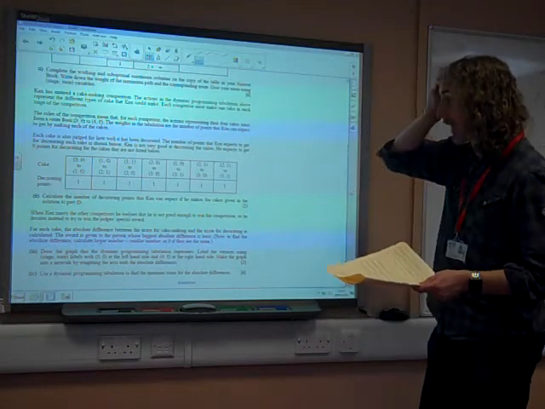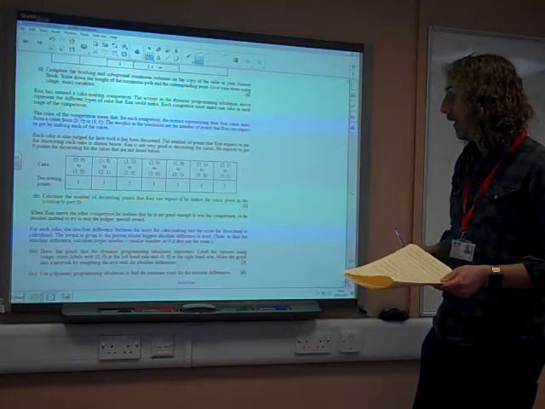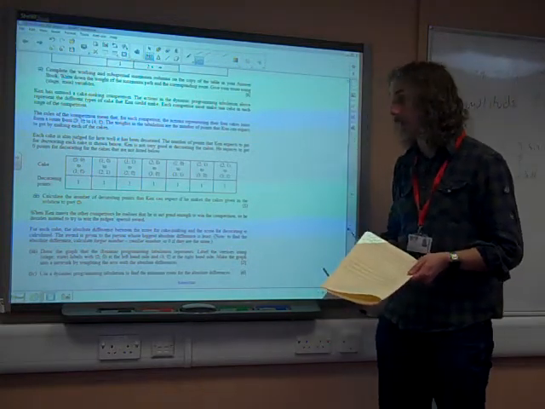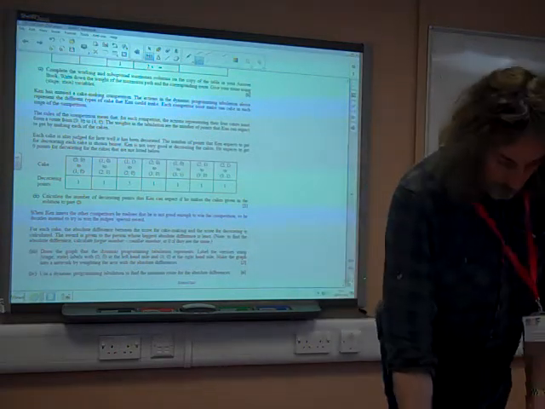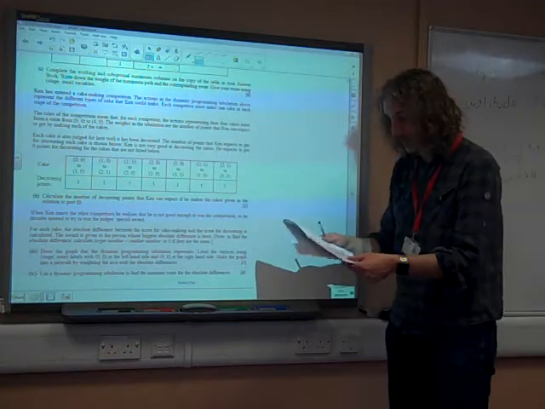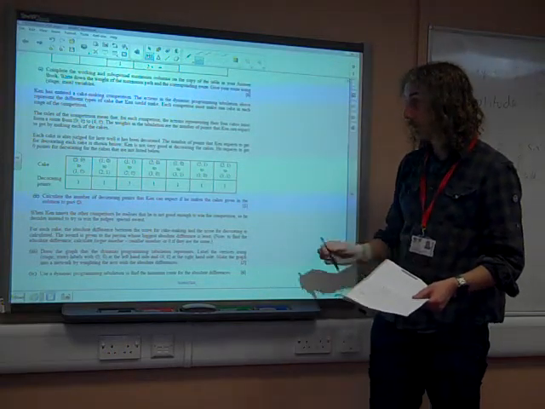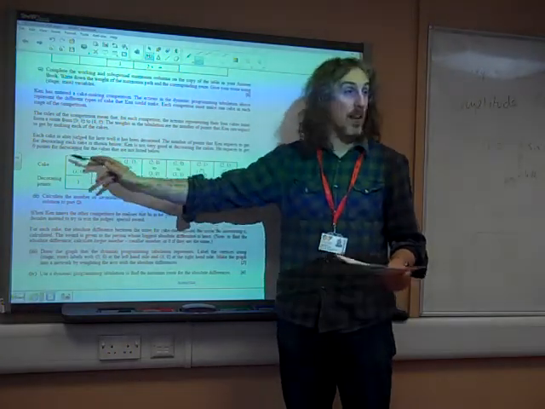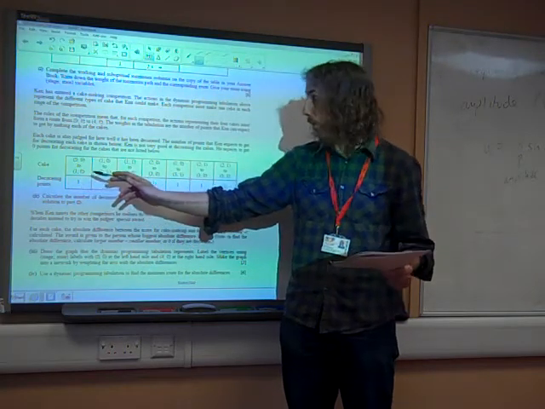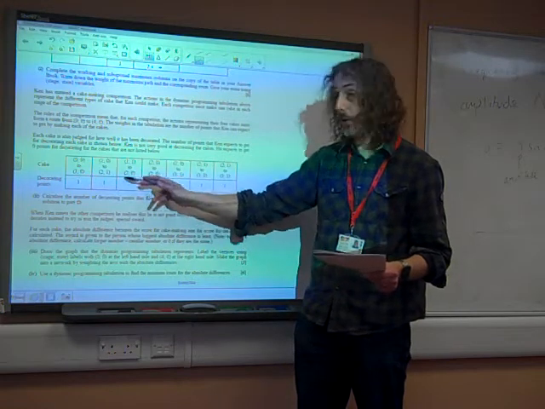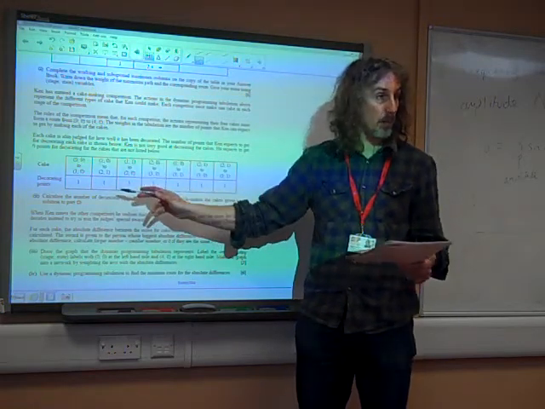And calculate the number of decorating points that he can expect if he makes the cake given in the solution to part 1. So our solution to part 1, let's look at this, was 0, 0 to 1, 1. So that would be 0 points. Then it was 1, 1 to 2, 1, which is 0 points as well, it's not in the table.